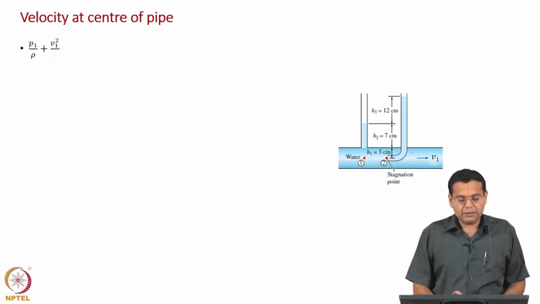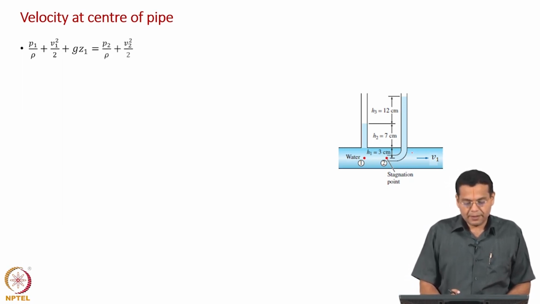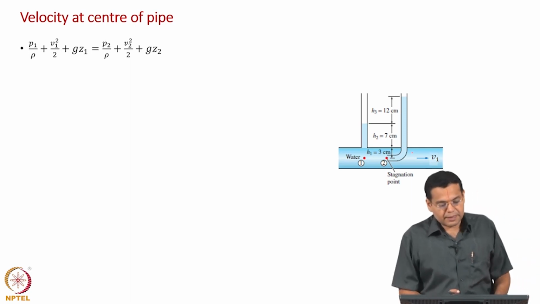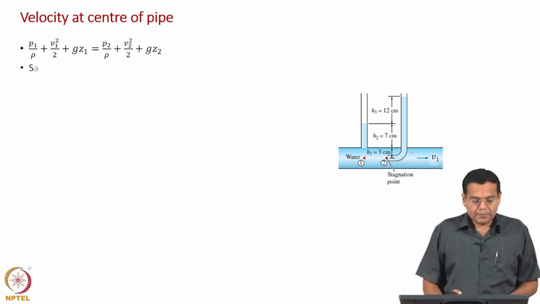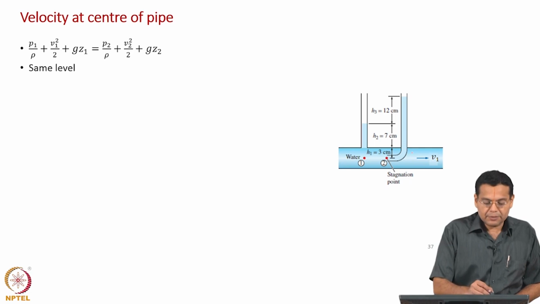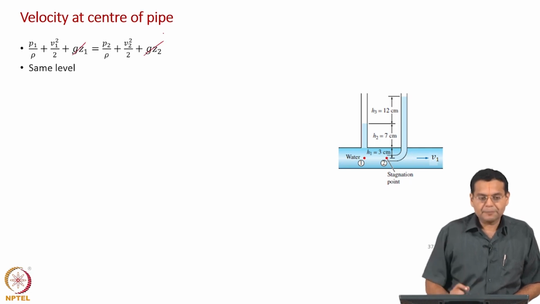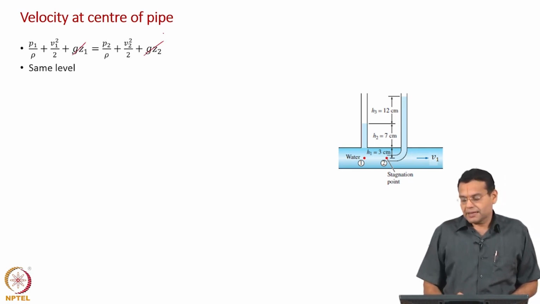Okay. Now, let us write down the Bernoulli's equation, which means the sum of energy at the 2 points is the same, and because the levels are the same, Z1 and Z2 are the same. Z is the level from some datum, some reference.